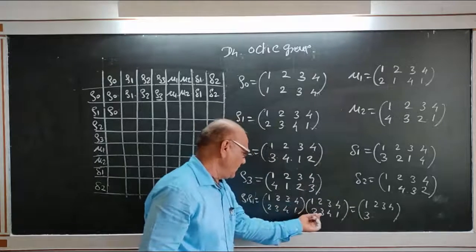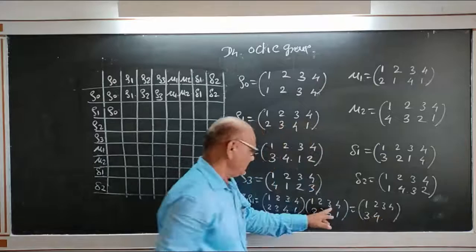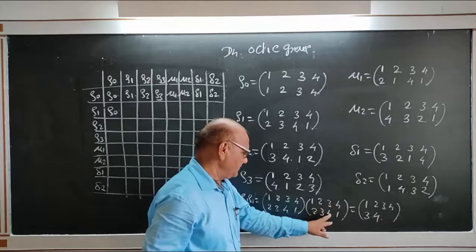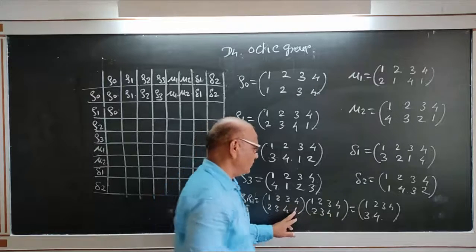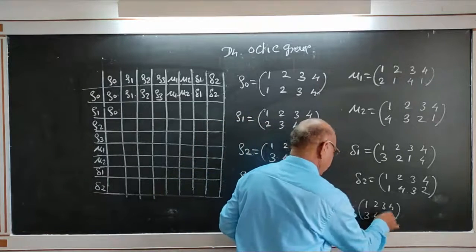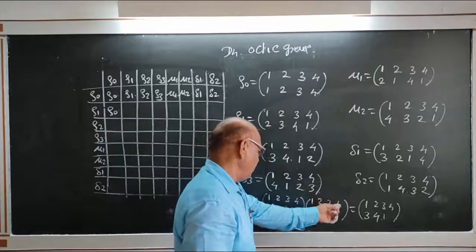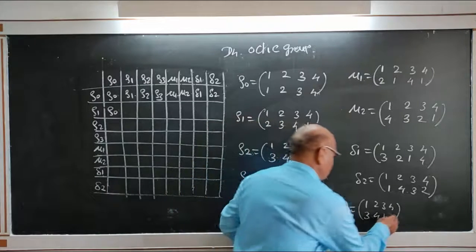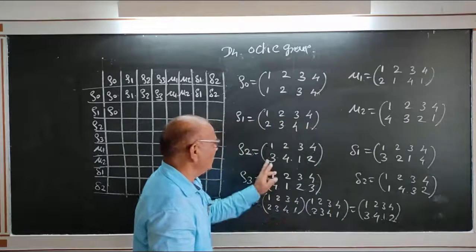Then 3 goes to 4 and 4 goes to 1. So we get 3, 4, 1, 2.